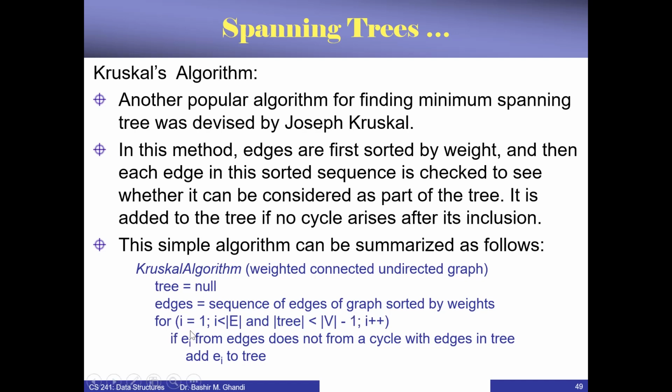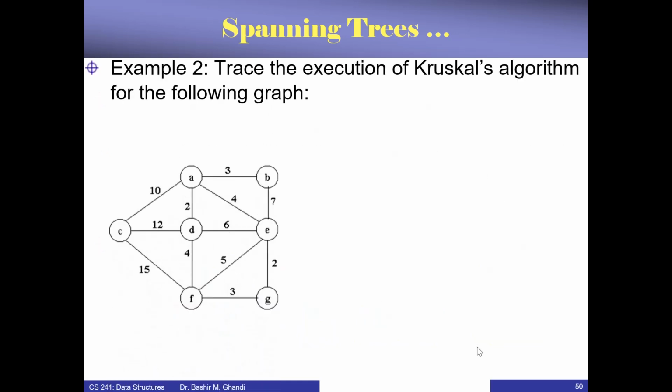All right. So what do we do in each iteration? We check the edge e_i from the edges that are already sorted: if the next edge will not form a cycle if it is added to your tree, then add it to the tree. All right, so again, I'm going to show you with an animation an example that clearly demonstrates how this works.